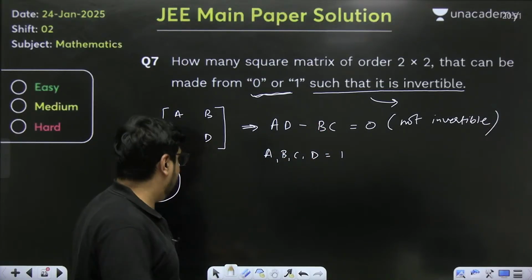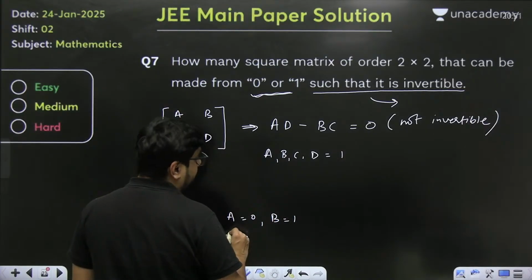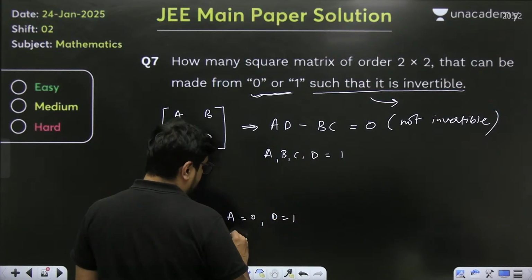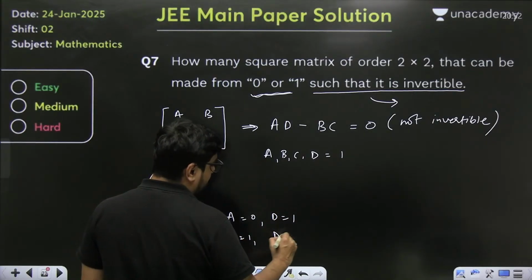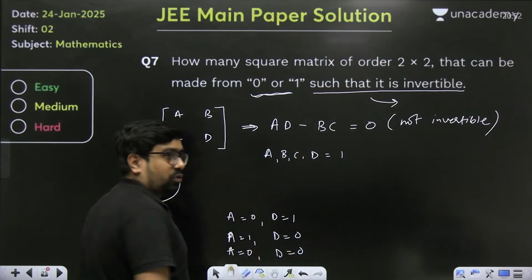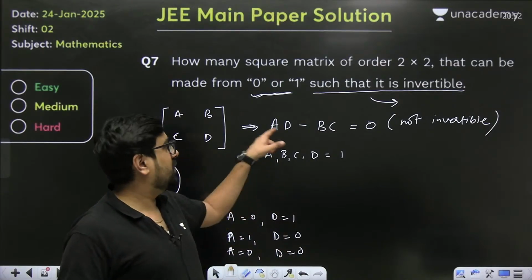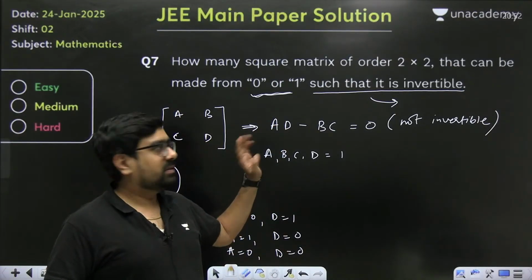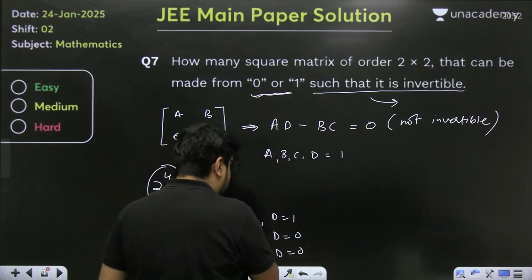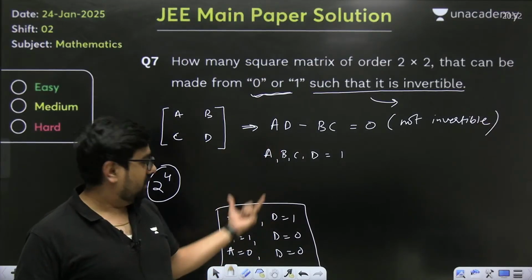So totally, if A is 0, D has to be 1. If A is 1, then D has to be 0. Or if A is 0, D also is equal to 0. This is also one case. Right? A is 0, D is also 0. So 0, 0 minus 0, 0. All can also be 0. So like this, we'll have 9 cases, 3 into 3.